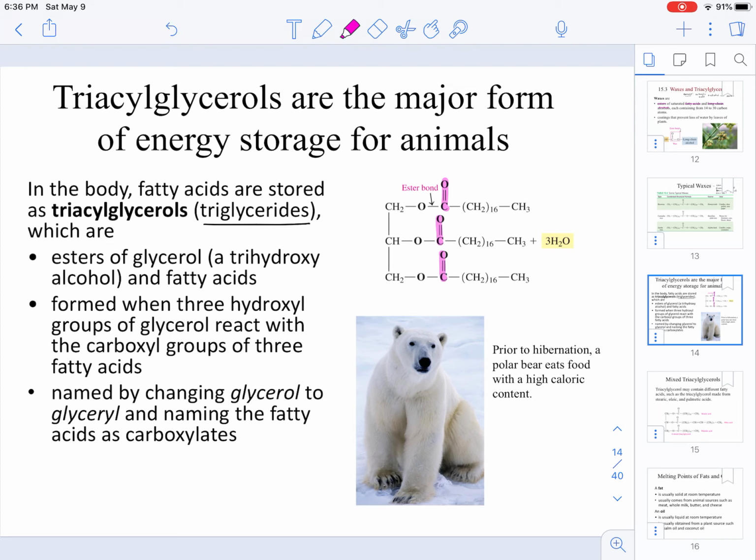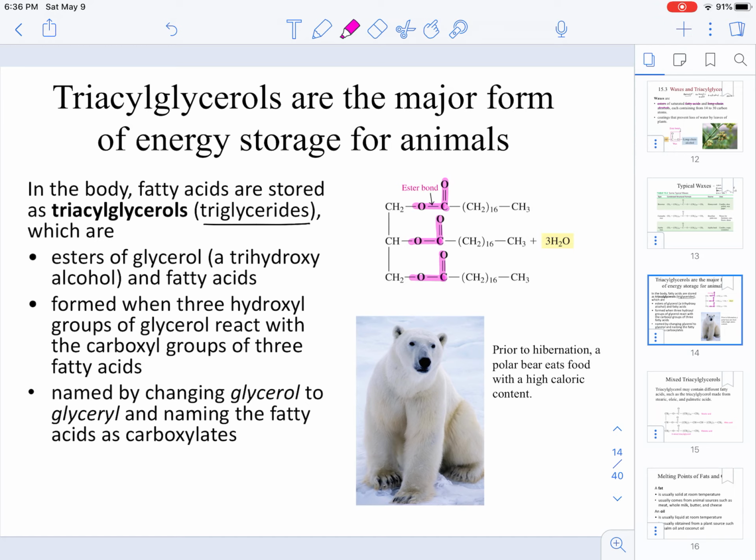Now, as I just mentioned, when it comes to these molecules, we're going to have 3 ester bonds. So again, the chemistry of how a triacylglycerol is formed should not be uncommon.